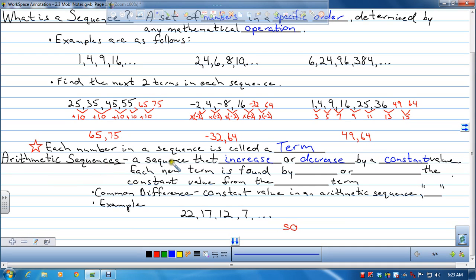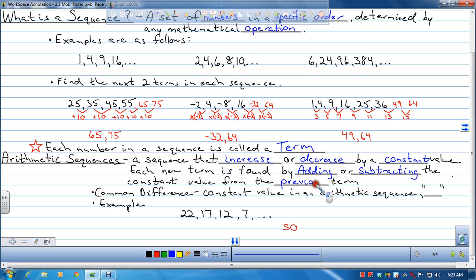Each new term is going to be found, if it increases or decreases, by either adding, or if it's decreasing, we would have to subtract, right? Or subtracting that constant value from the previous term.